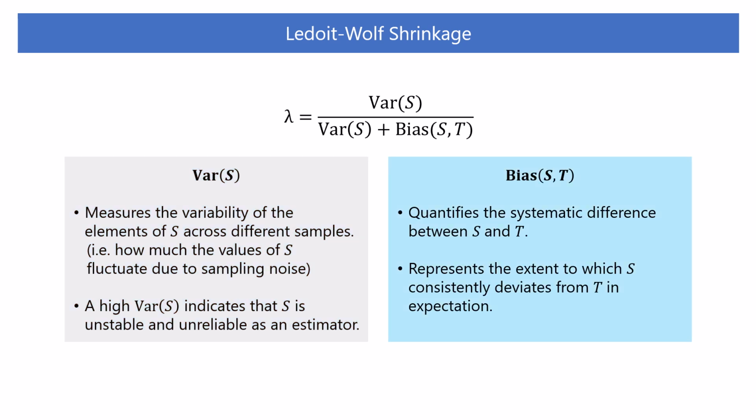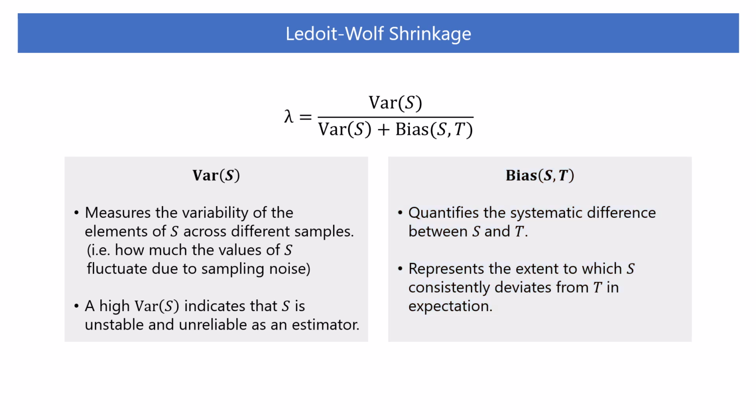Bias ST quantifies the systematic difference between the sample covariance matrix and the target matrix. It represents the extent to which the sample covariance matrix consistently deviates from the target matrix in expectation.